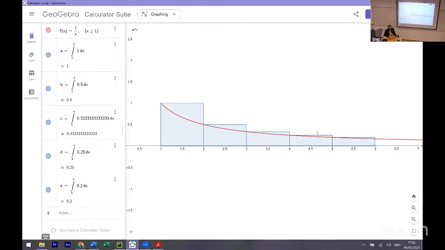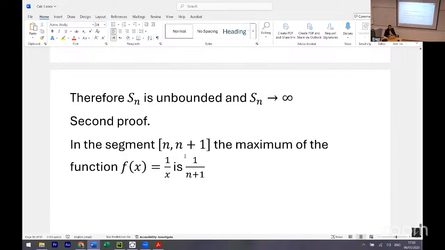And I'll change my text a bit. The maximum of the function is 1/n. Okay?